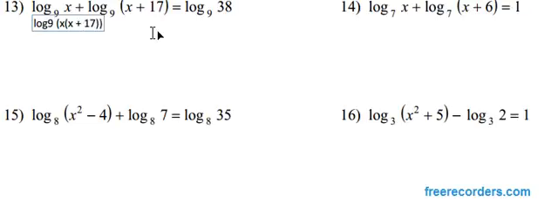Instead of saying it's the sum of the logs, I say it's the log of the product of x and x plus 17. And I know that's equal to the log base 9 of 38. And before I go too far, I will subscript my 9s.